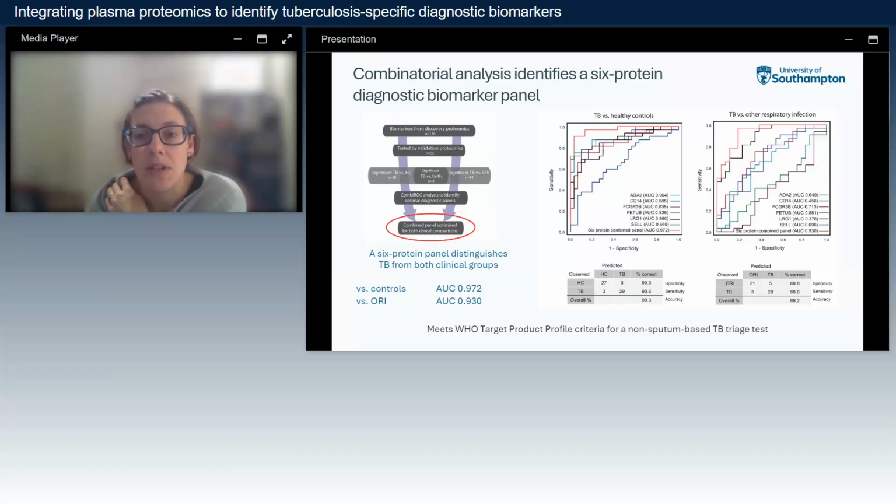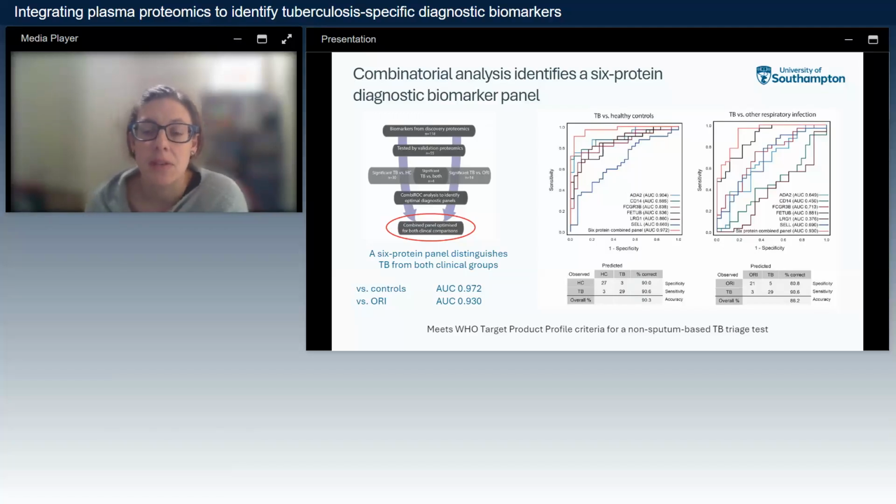So you can see in the truth tables under the TB and healthy controls that this 6 protein panel can differentiate TB from controls with a 90% specificity and an over 90% sensitivity, which is really excellent performance. And then if you do the comparison between TB and other respiratory tract infections, there was also a maintenance of sensitivity and specificity.